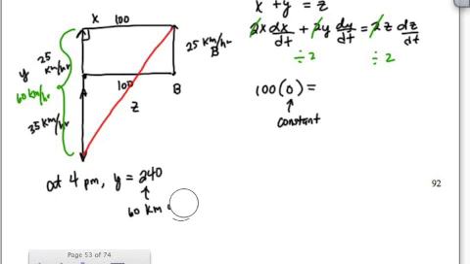I meant to write 4 hours. They went 60 kilometers per hour for 4 hours. So I get 240 times 60.